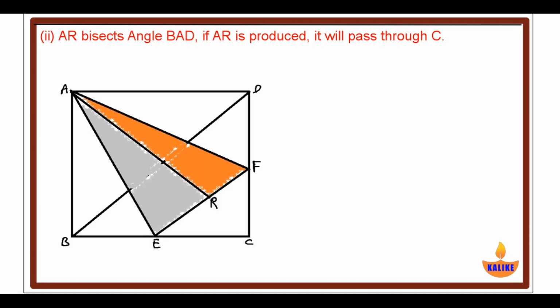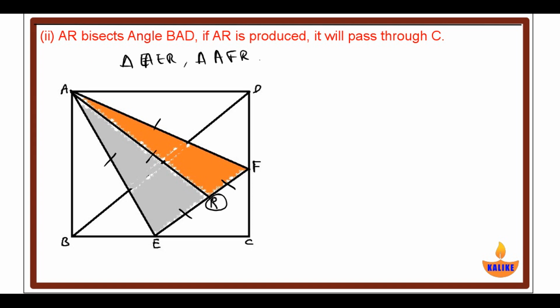Now, consider triangle AER and triangle AFR. Here we have already proved AE is equal to AF, ER is equal to RF because R is middle point and AR is common side.